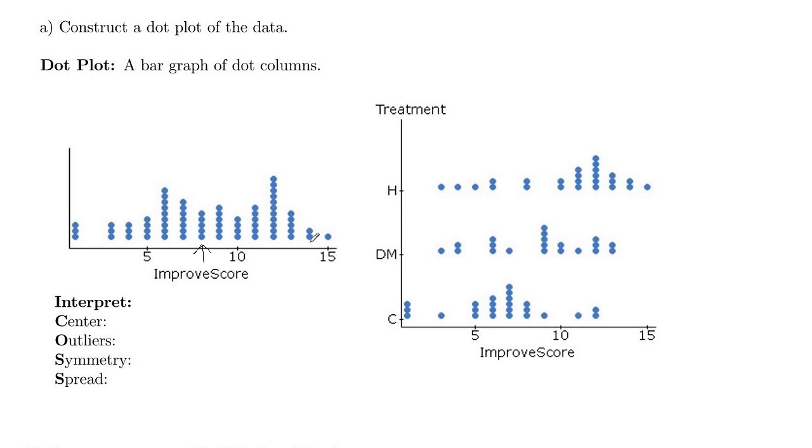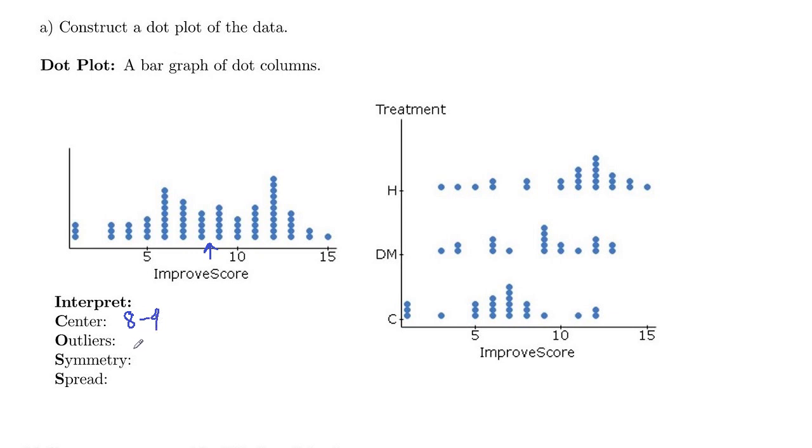I'm just trying to judge about half of the data above and about half of the data below. So maybe 8 to 9. So center, 8 to 9 is an estimate there.